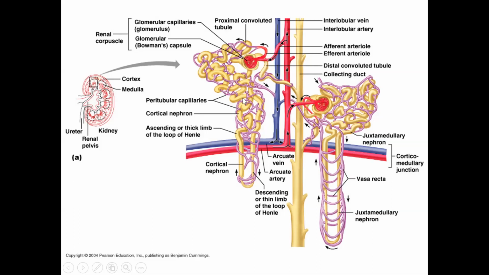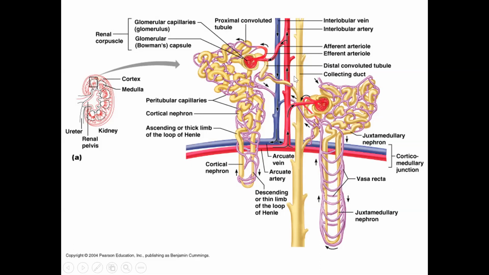These are called the peritubular capillaries. That's the second capillary bed over here. This part can reabsorb things back into the blood from the tubular structure, and can also actively secrete materials we do not want into the filtrate. Then this filtrate will be transported to this big tubular structure called the collecting duct.